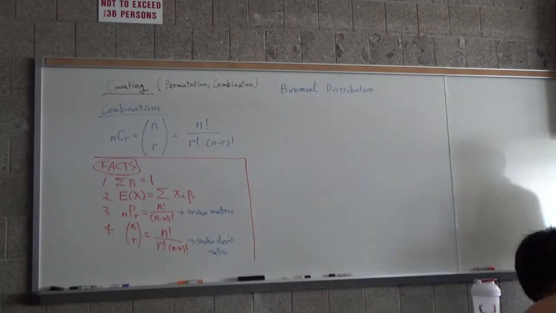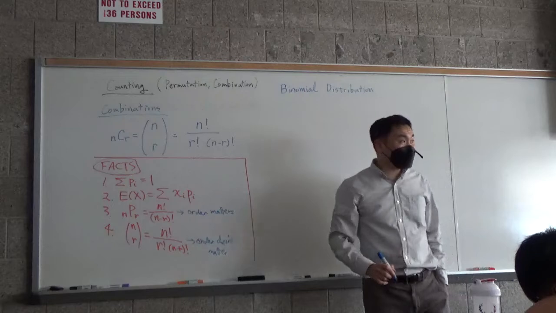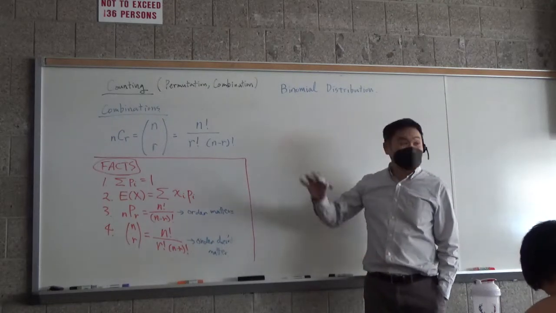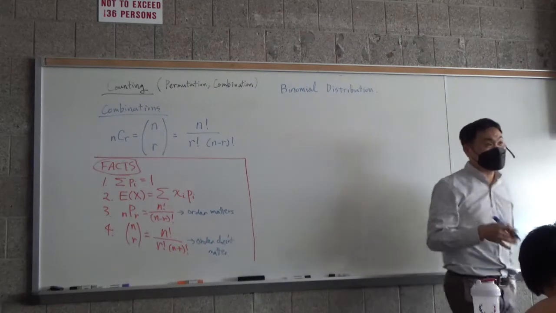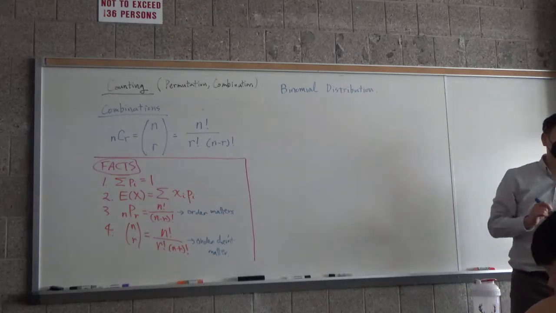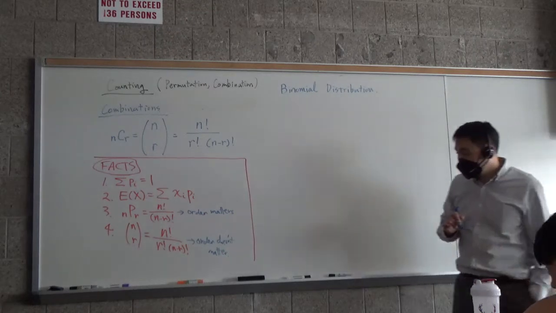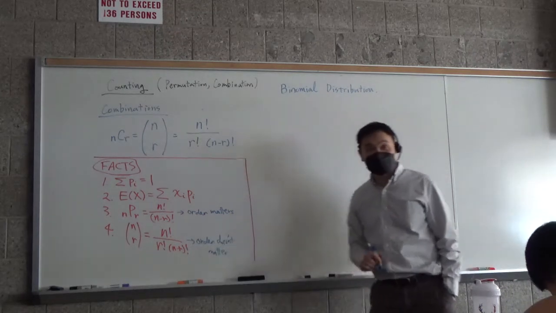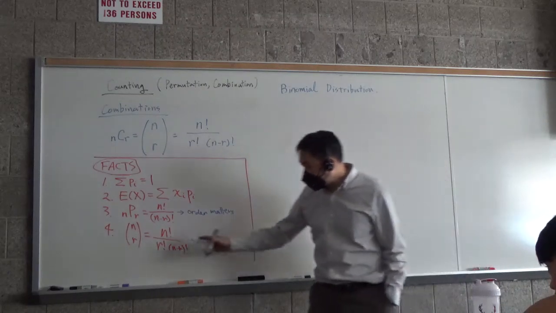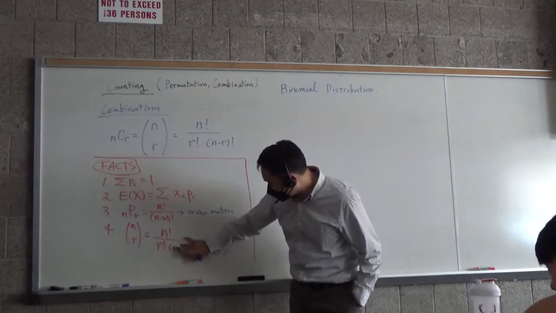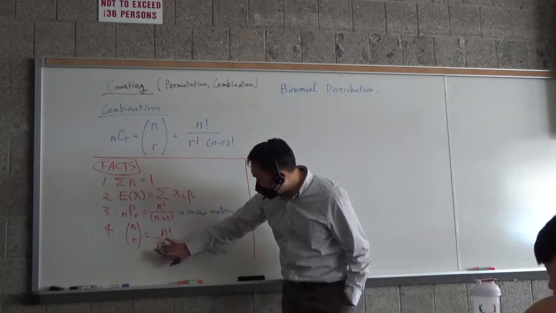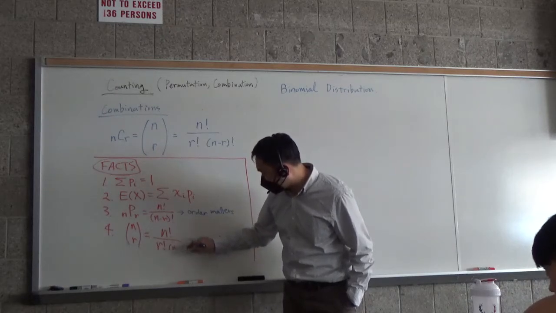This format is like the sum of the two topics that we were talking about so far. Order doesn't matter. Oh, n factorial, sorry. This is n factorial over r factorial times n minus r factorial.